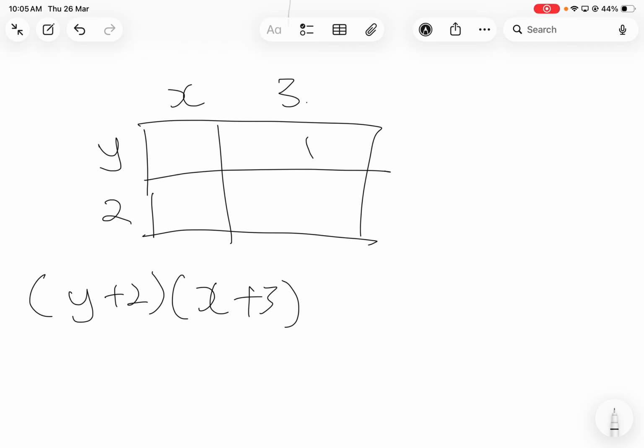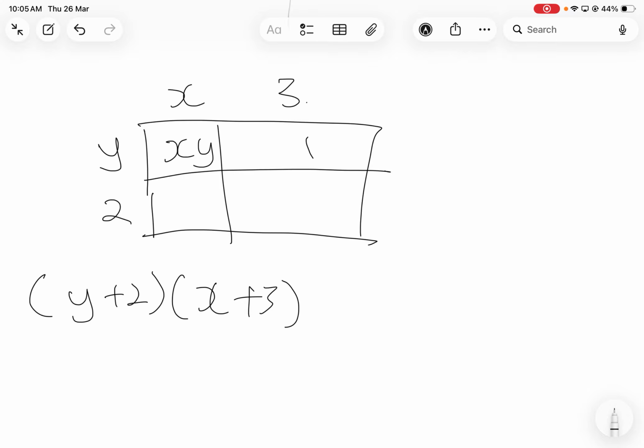This length is x plus 3. So the total area is like that. So in the end, I will still have these 4 portions. My y multiply x gives me this portion, which is xy. yx is the same as xy. 2 times 3 is the same as 3 times 2.